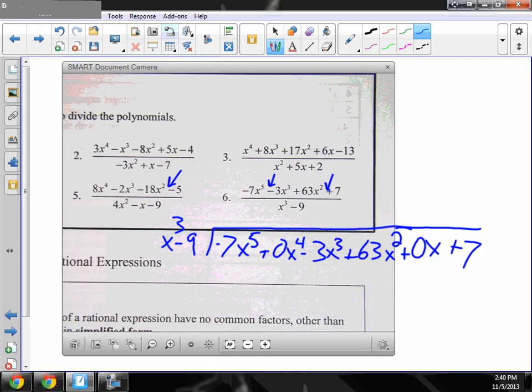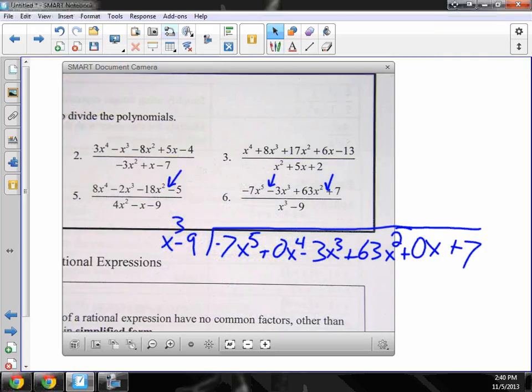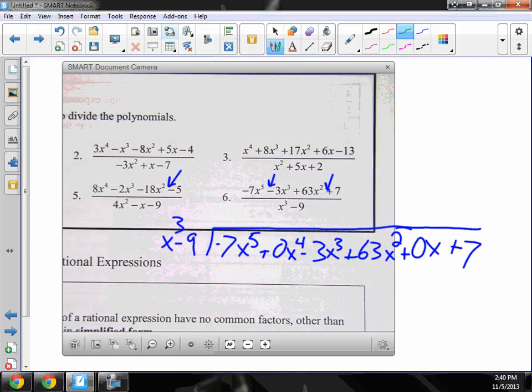Okay, that's not the hard part. How many times does x to the third go into negative 7x to the fifth? Negative 7x squared, which is quite different from 1.